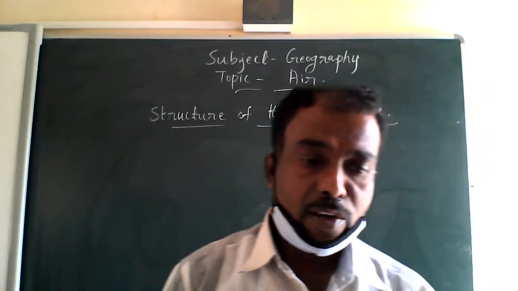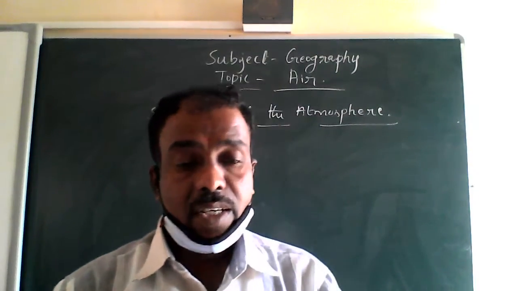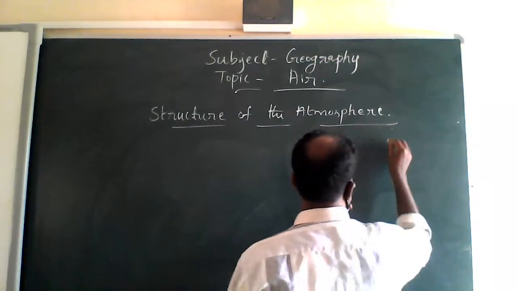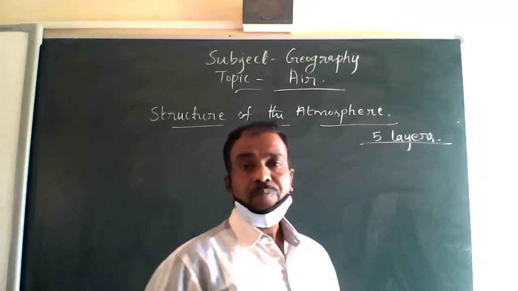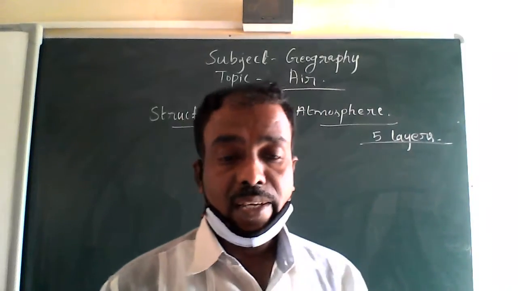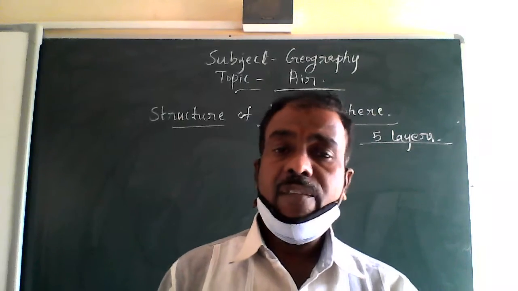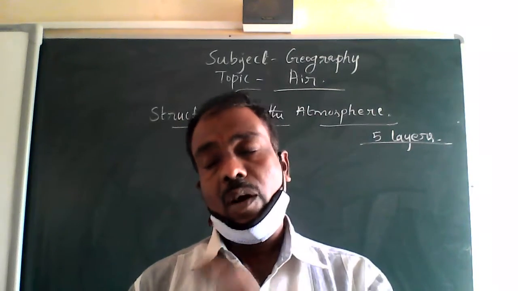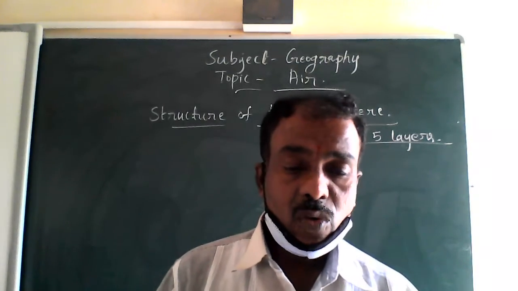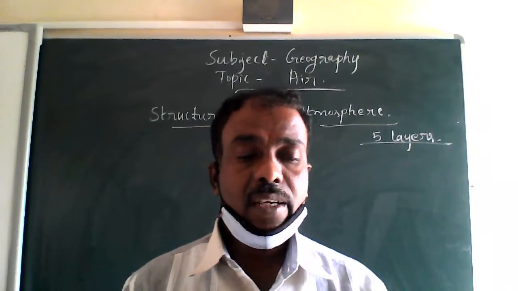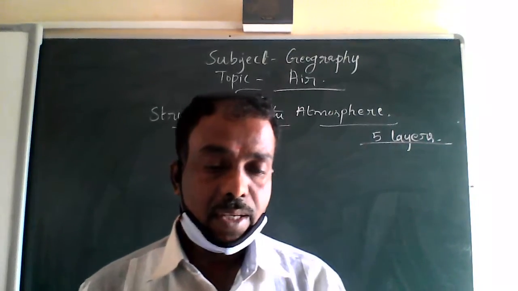Structure of the atmosphere. See, dear students, our atmosphere is divided into five layers. Starting from the Earth's surface, our atmosphere is divided into five layers: troposphere, stratosphere, mesosphere, thermosphere, and exosphere.